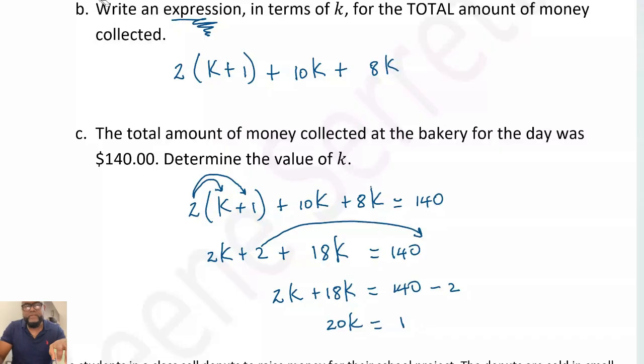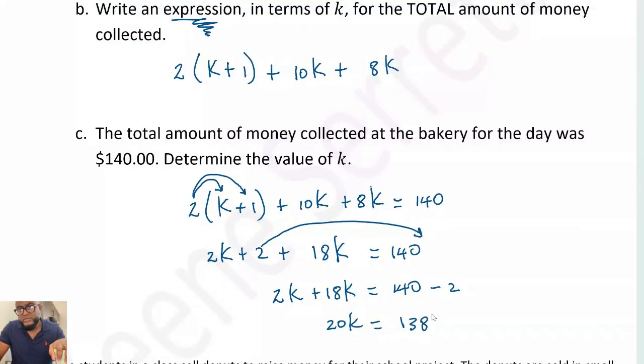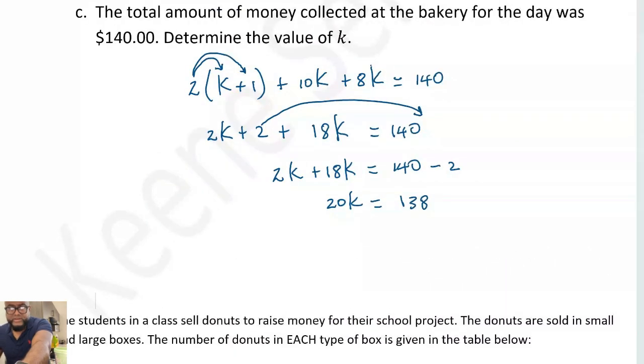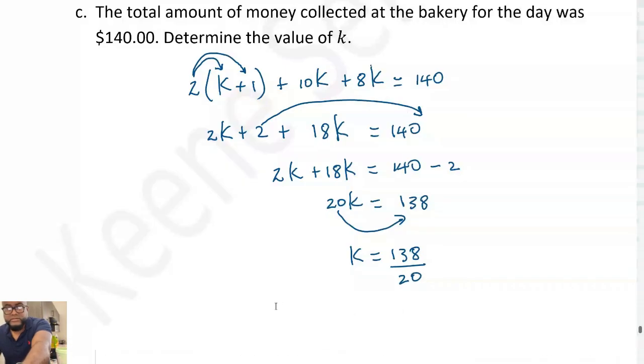So what do I do with the 20 now? Divide it by the 138. Excellent. So we carry the 20 here and divide it. So k would be equal to 138 divided by 20. What do we get? I guess 6.9. 6.9 flat? Yeah. k would be equal to 6.9. Everybody good there? Right? Question done.